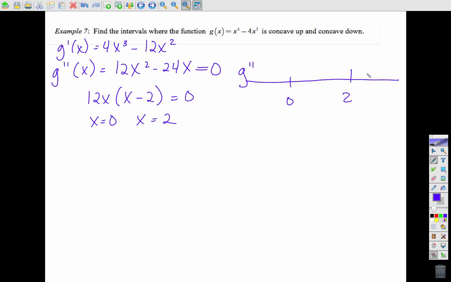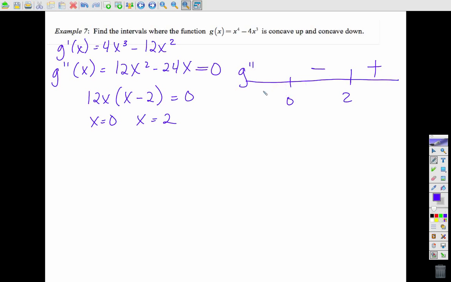Okay, so let's think about what we've got here. If we plug any number bigger than 2 back into our second derivative right here, what do we get? Well, we get a positive number. If we plug any number between 0 and 2 in, so let's plug 1 in, we would get 12 minus 24.